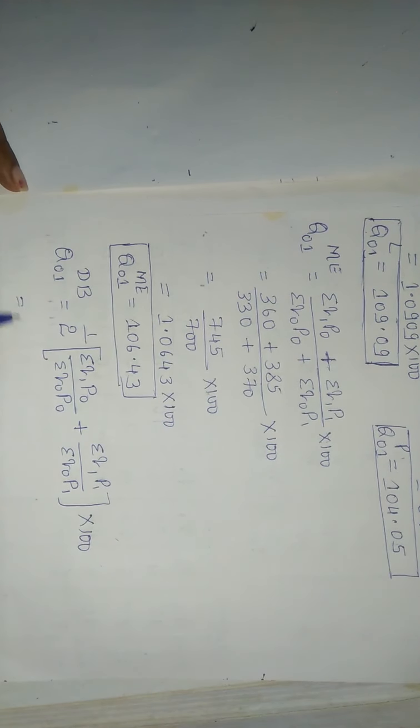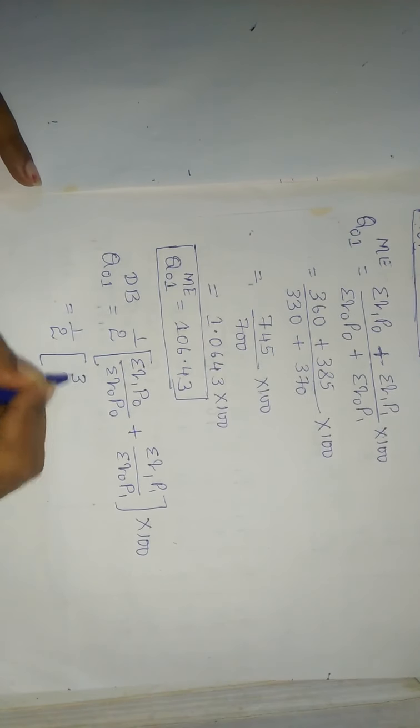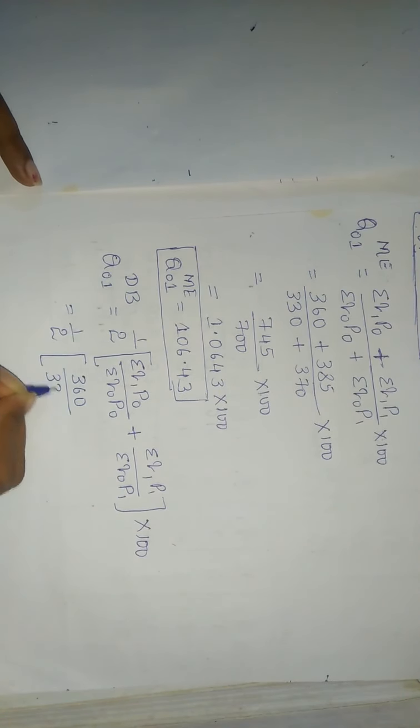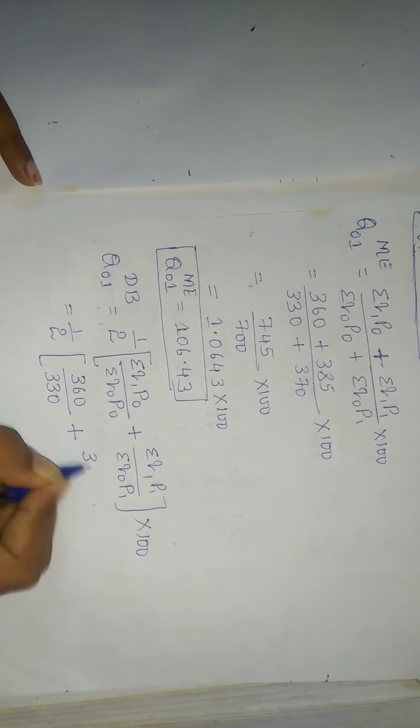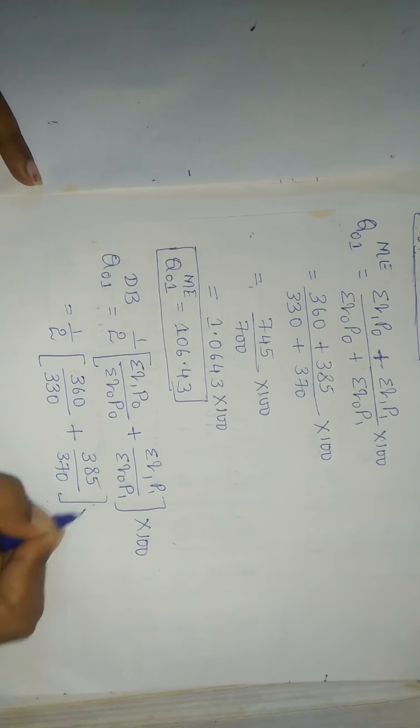So write the values: 1 divided by 2 into 360 divided by 330 plus 385 divided by 370 into 100.